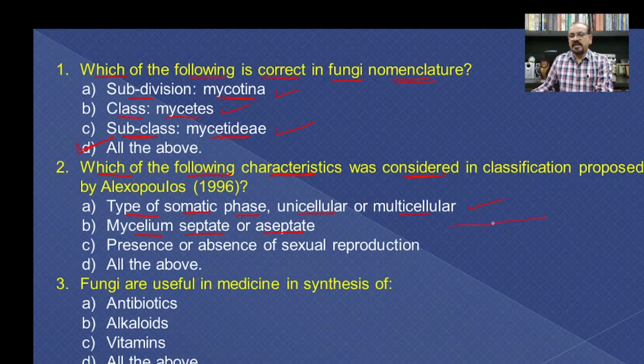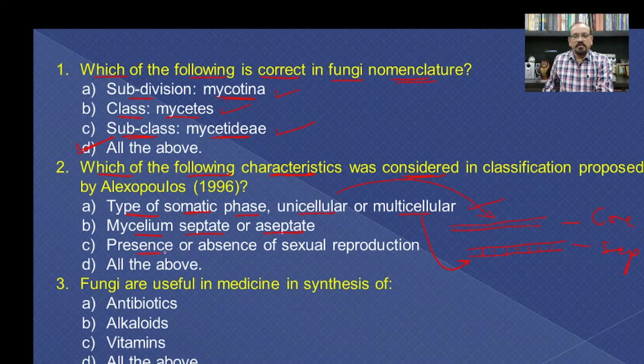You know that the mycelium may be non-septate, or there may be septa in between the nuclei. So, this will be the unicellular condition and this will be the multicellular condition. This will be the coenocytic hypha and this is the septate hypha.